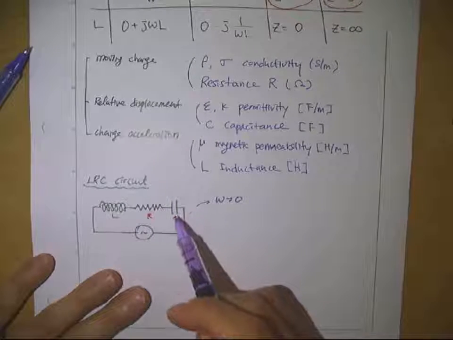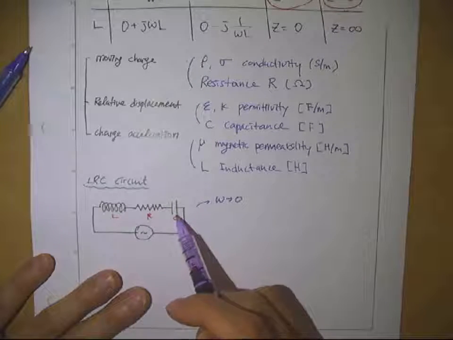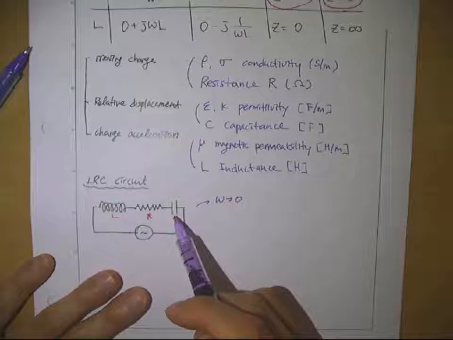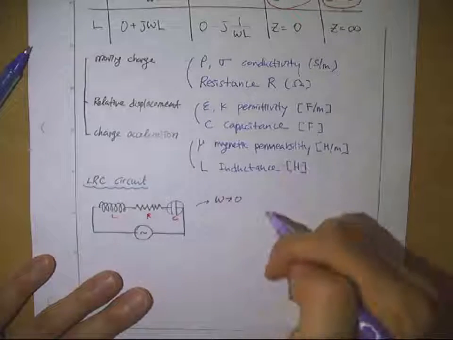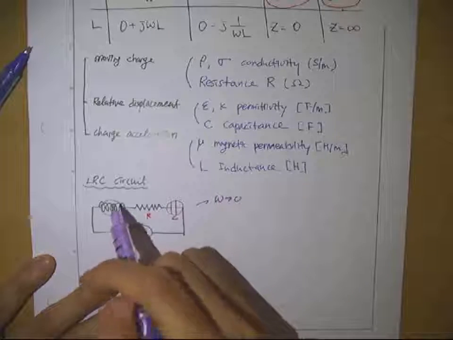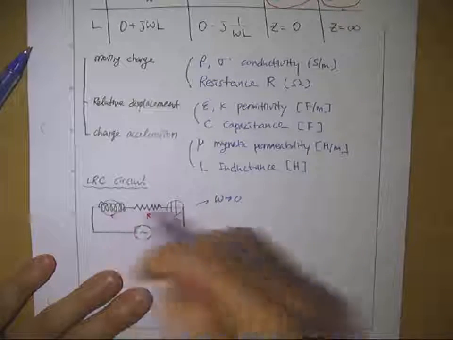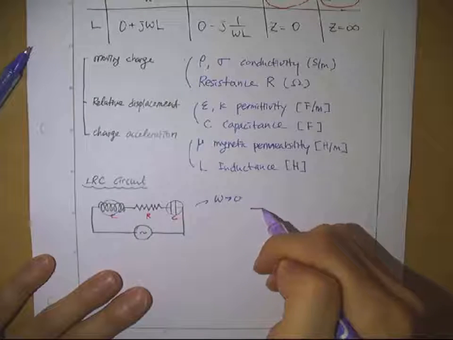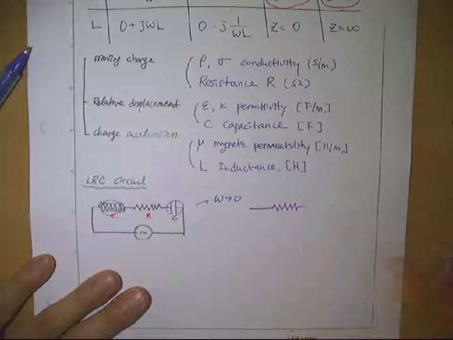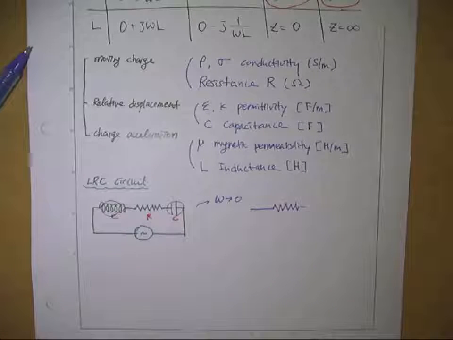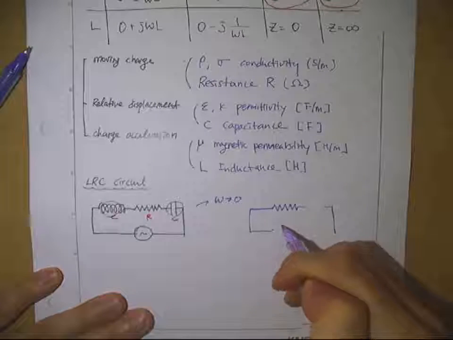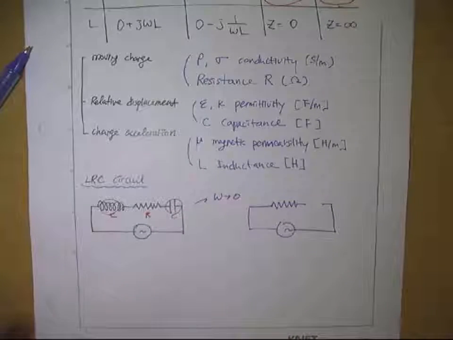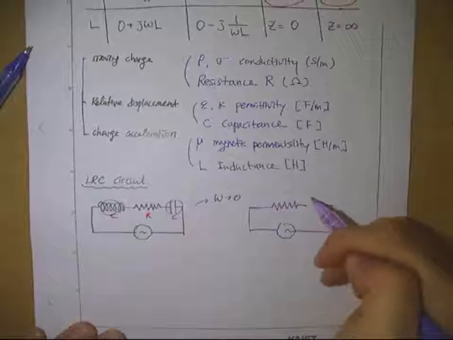The impedance of the C goes up, right? That increases to infinite. So you can draw the circuit: the inductor goes to 0, so it will be just like a normal wire, and you have an R that's constant no matter what frequency, and you have an open circuit, right? Like this.